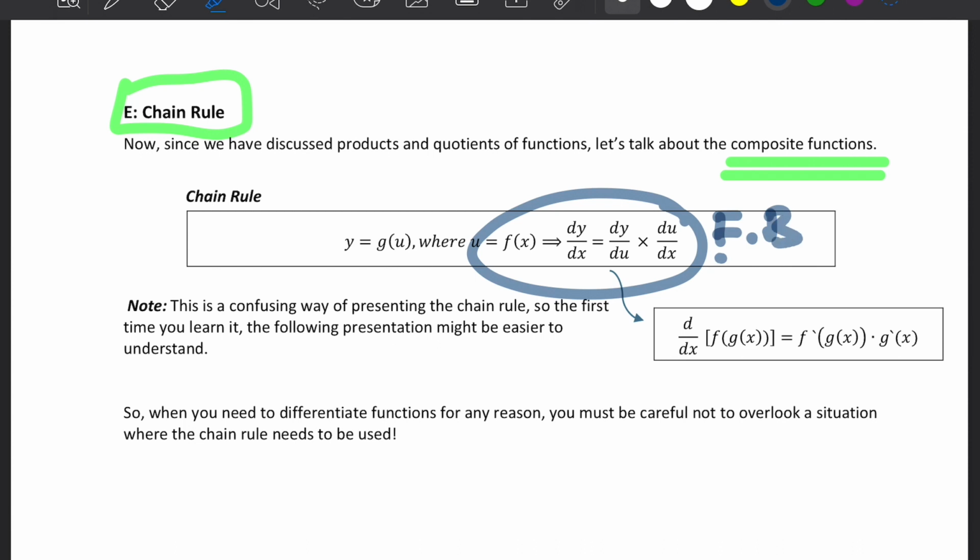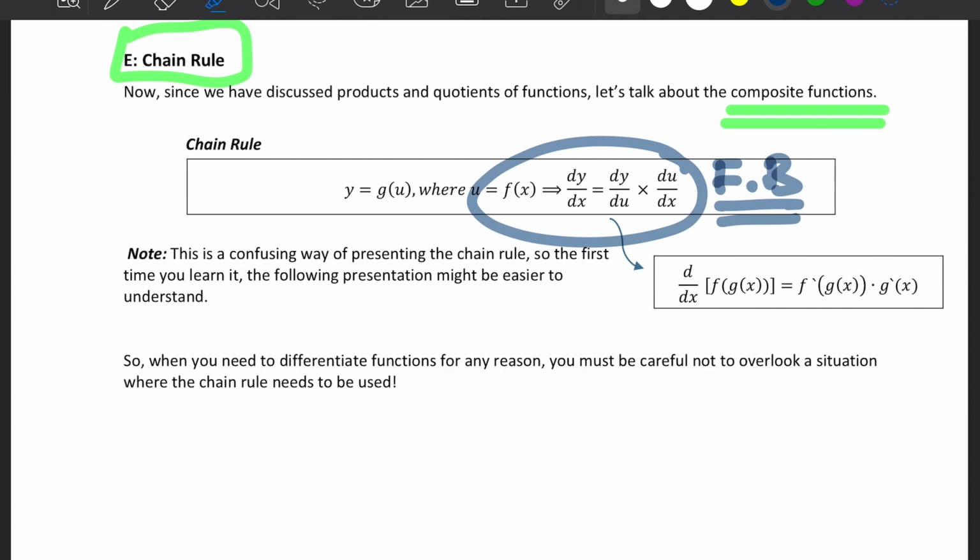When you look at this, it doesn't really make sense, because it says dy over dx is equal to dy over du times du over dx. So if I put this again into a familiar format that involves the function f and the function g, it looks like this. I'm going to explain what this means.